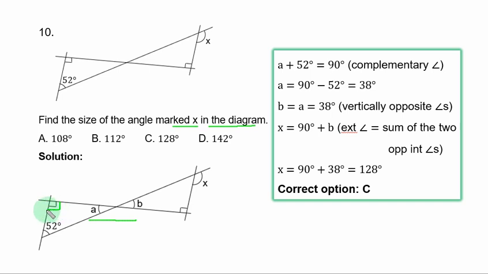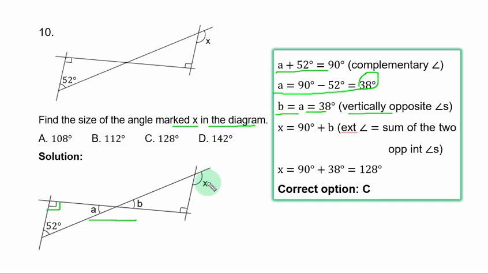Now, if you add the three angles in that triangle, the sum is 180 degrees. That triangle is a right angle triangle. You can as well add the two angles and equate it to 90. That is complementary angles. That is what you have here. And A is equal to 38 degrees. B is equal to A equal to 38 degrees, vertically opposite angles.